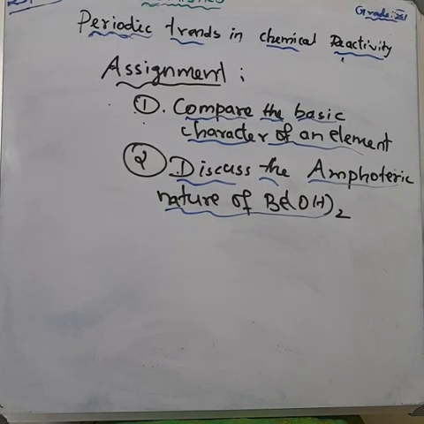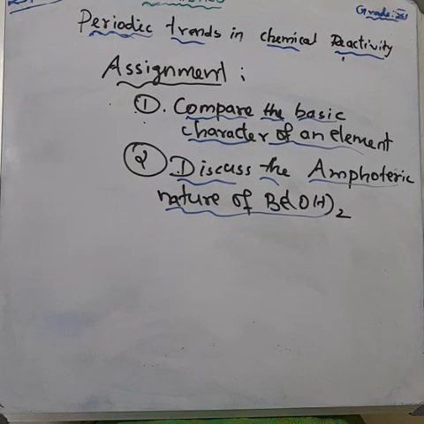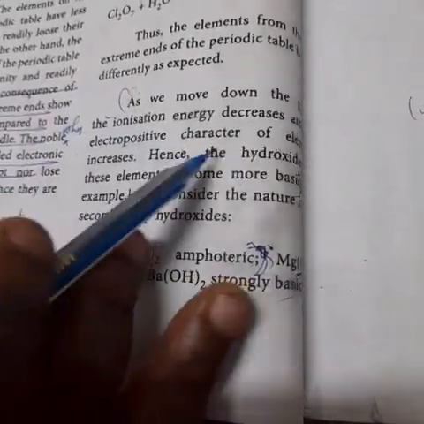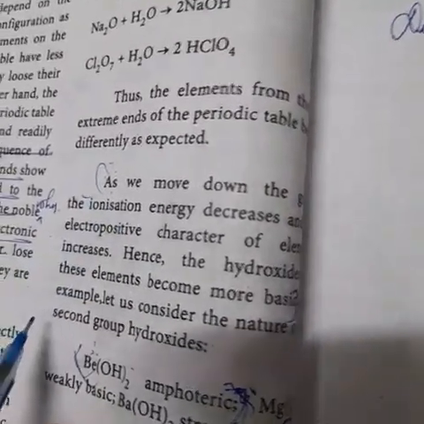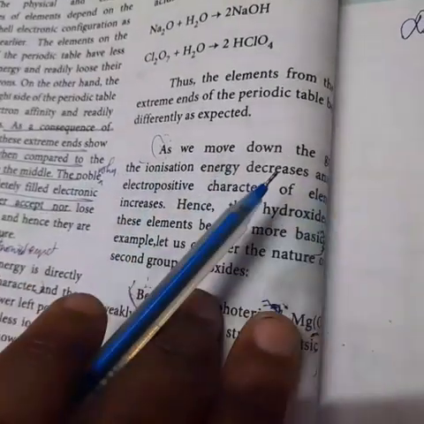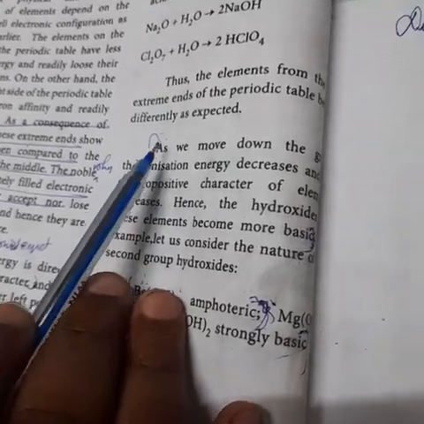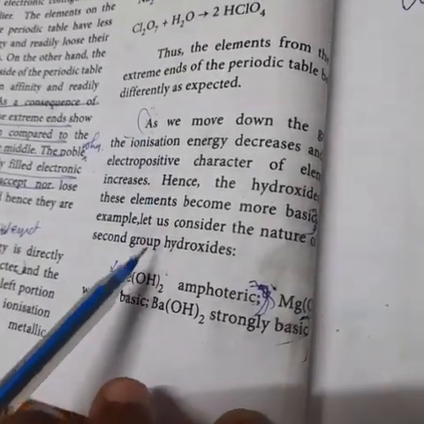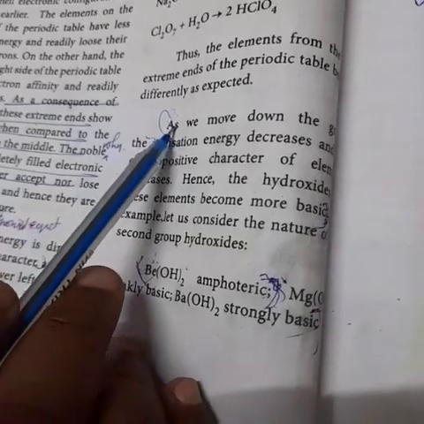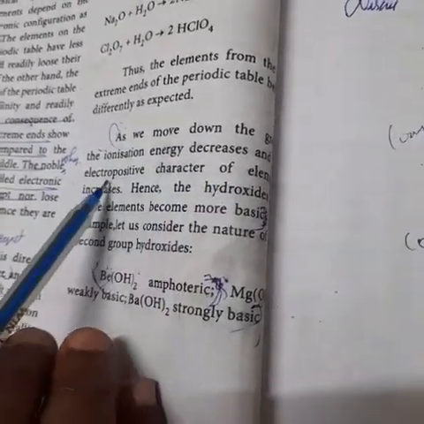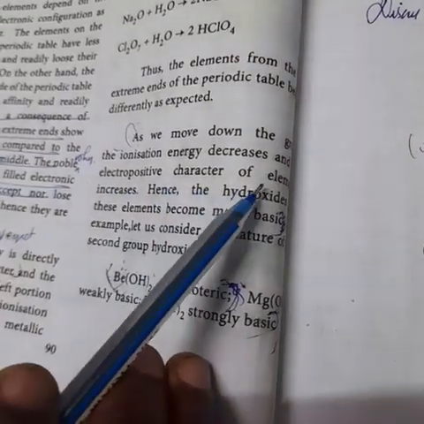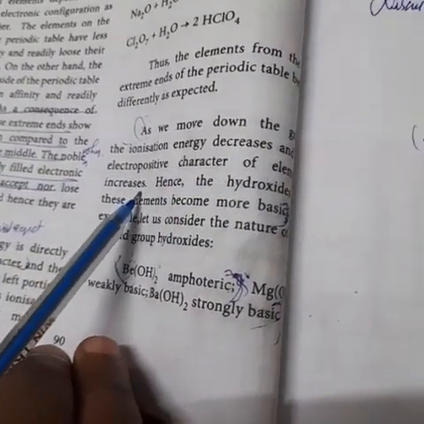If you have the book, take your book now. Page numbers 90 and 91. What is the first question? Compare the basic character of elements. Page number 90, the last 2 paragraphs. You should mark them now. As we move down the group, the ionization energy decreases and the electropositive character of an element increases.